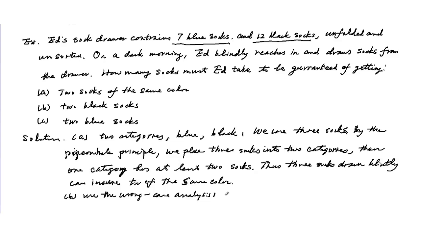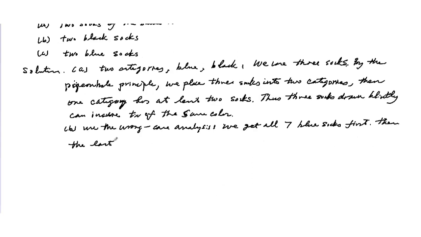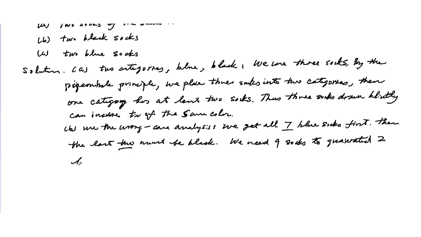With worst case analysis, if we want to get 2 black socks, the worst case is we get all 7 blue socks first. Then the last 2 must be black. Therefore, altogether we need 2 plus 7, so we need 9 socks to guarantee 2 black socks.